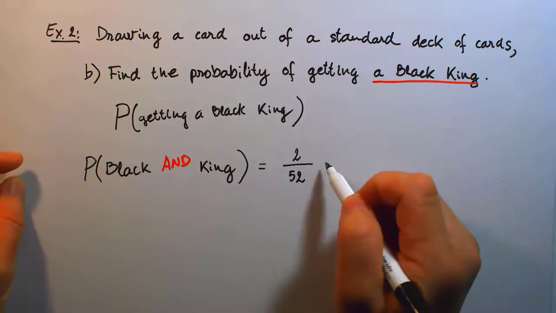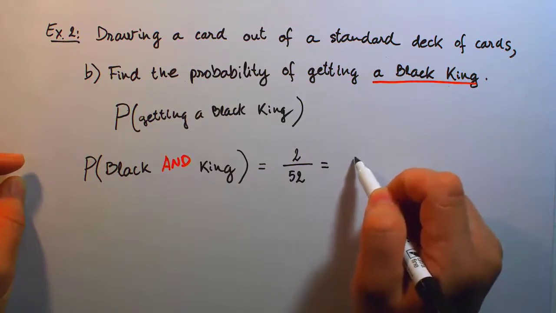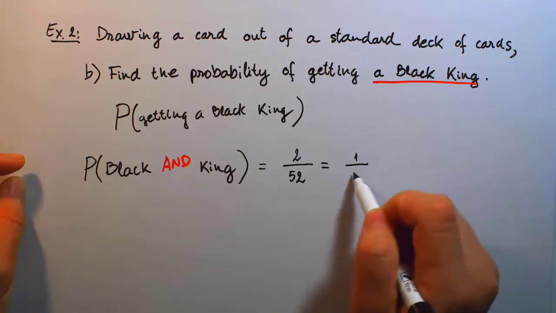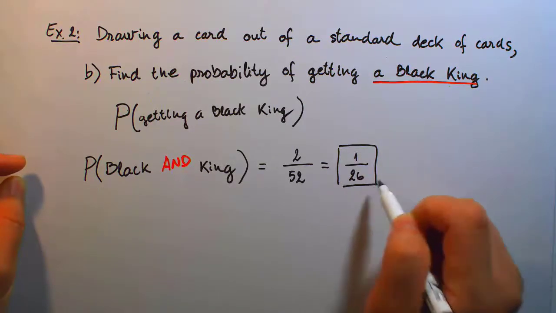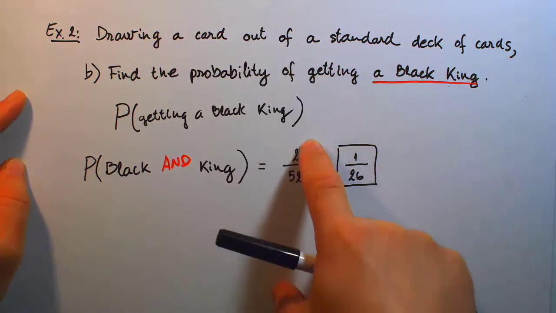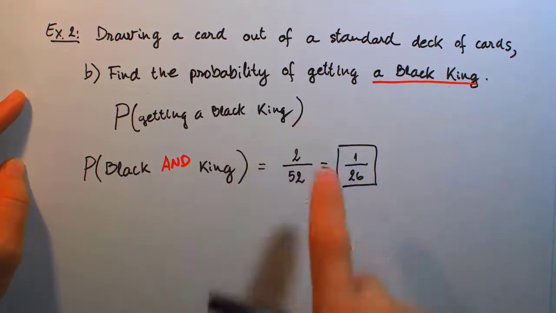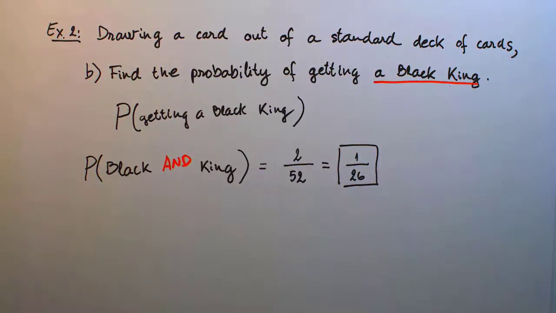And so now we are reducing the fraction to 1 out of 26. And that's how we found the answer. And once again, the same fundamental is being used here. We're looking at the number of outcomes that meet our event divided by the total number of outcomes in the sample space.